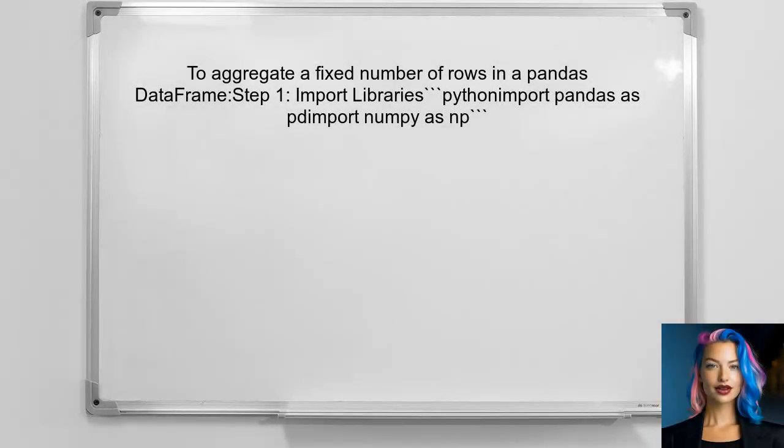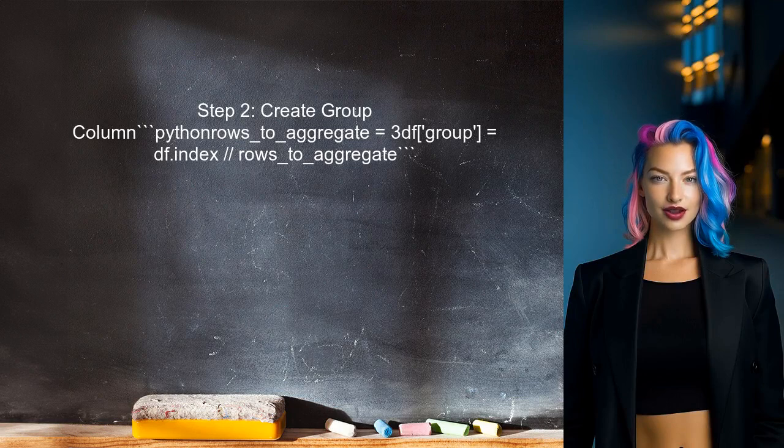To aggregate a fixed number of rows in a Pandas data frame, the user can use the group-by method along with the NumPy function. First, they need to import the necessary libraries. Next, the user should create a new column that indicates the group each row belongs to. This can be done by using integer division to divide the row index by the desired number of rows to aggregate.